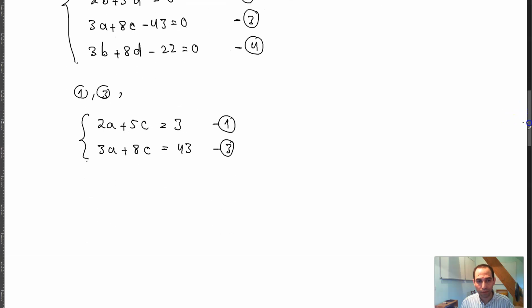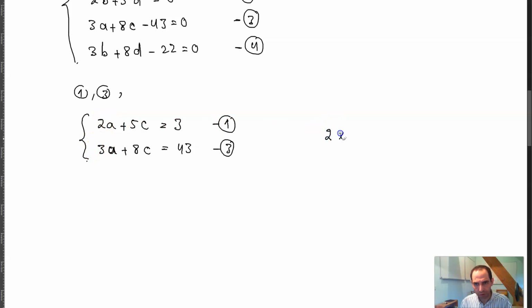Now I want to cancel these a's out, so I want the coefficient of a to be negative 3 so that it cancels out with positive 3.